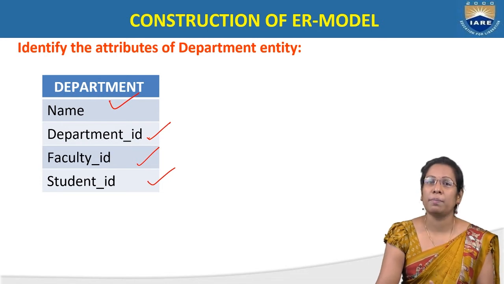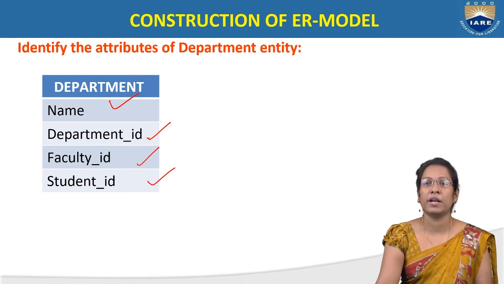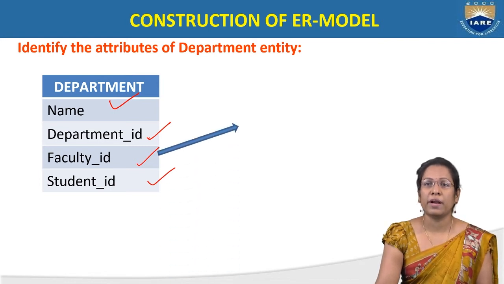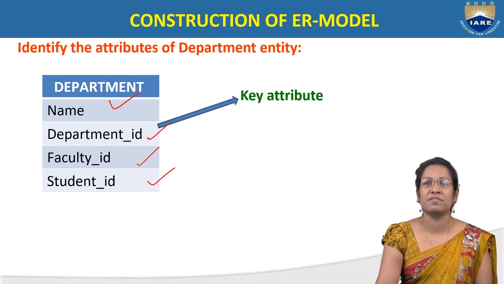So that's why the department entity also includes the properties of faculty ID and student ID. Here I can identify only department ID as a key attribute and the remaining are normal attributes, because department ID will uniquely identify a record in the table.